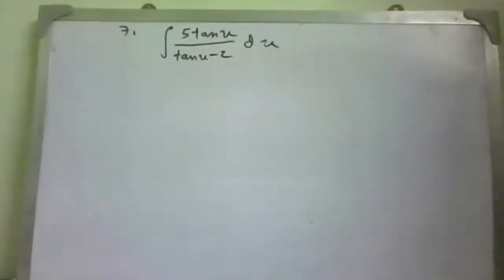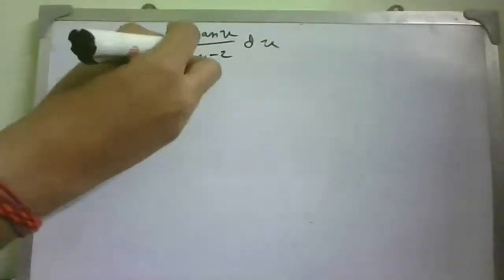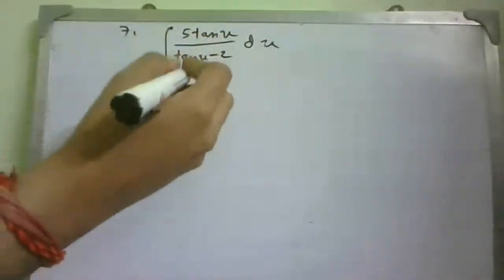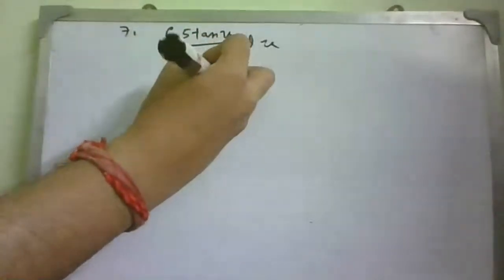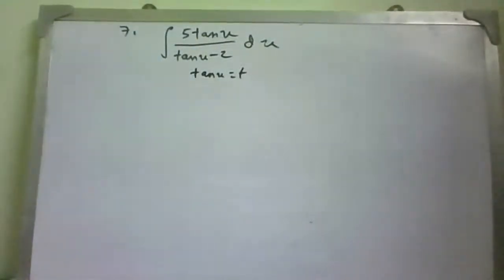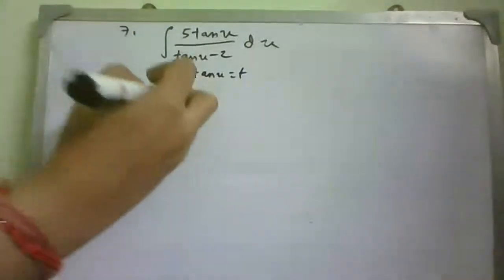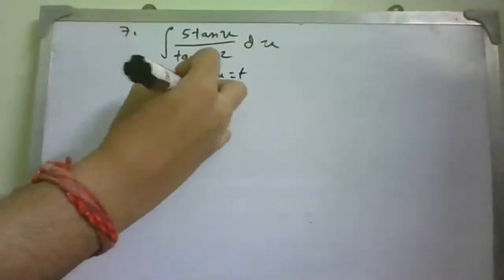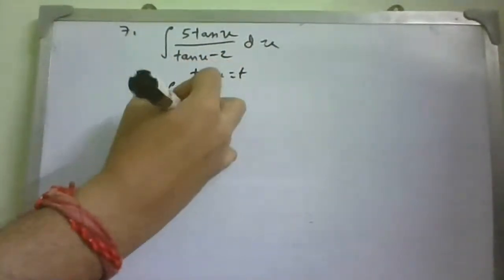Again, quite similar to the previous question. Since this particular tan x is being used a lot, we will assume that tan x is some t. So we can see that this is 5t over t minus 2.